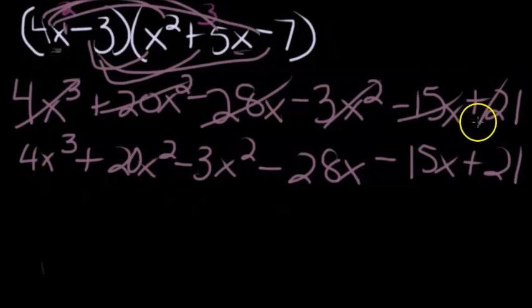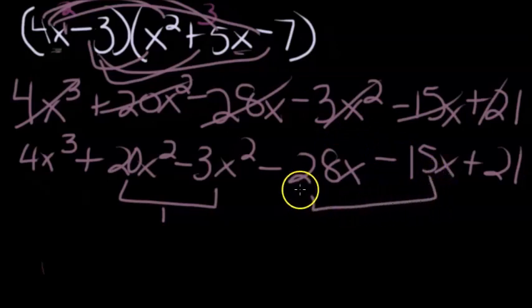Okay, so now that we've got them all reordered, we need to take like terms. This one is by itself. This one does not have a like term. So next one will be the x squares. And then, can you look for another combined term? Can you see what it is? That's right. It's negative 28x minus 15x. So what's 20x squared minus 3x squared? Well, it's 17x squared.